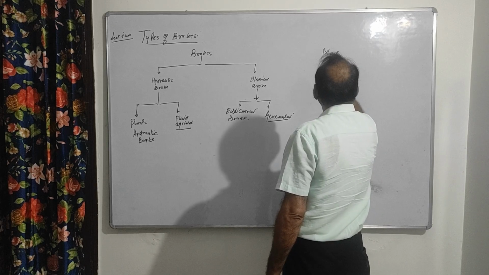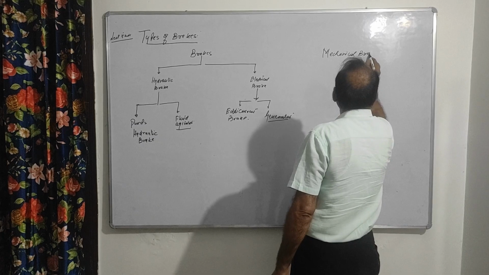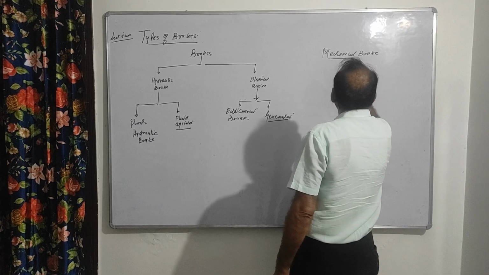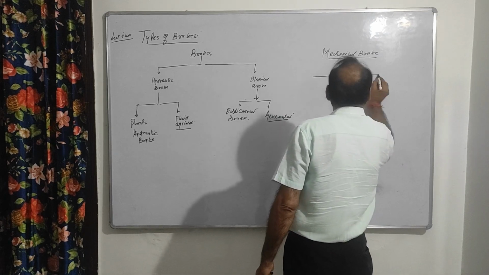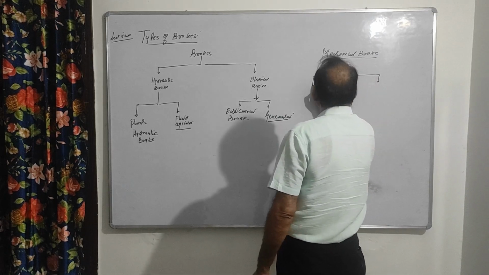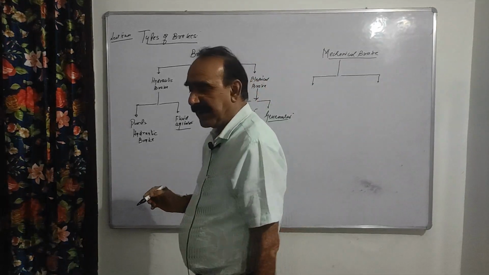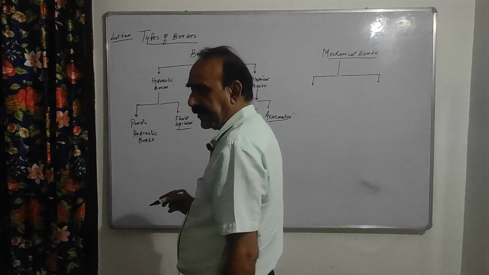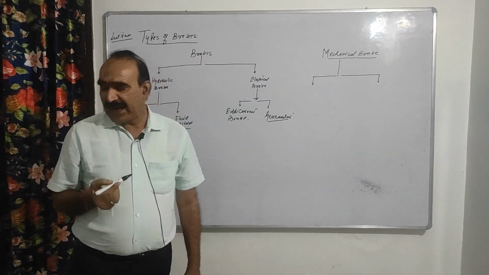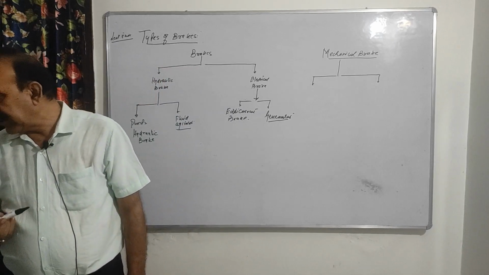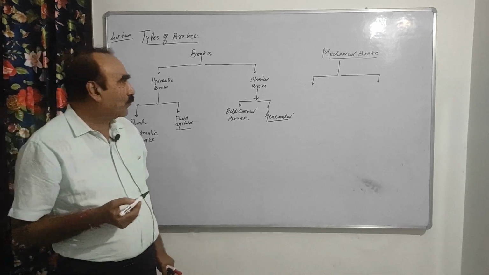Main important is your mechanical brake. So the mechanical brake, this is divided in two parts, that is radial brakes. First we will say external brake and internal brake, and then this is your band brake or shoe brake.